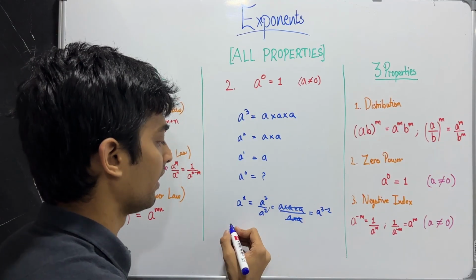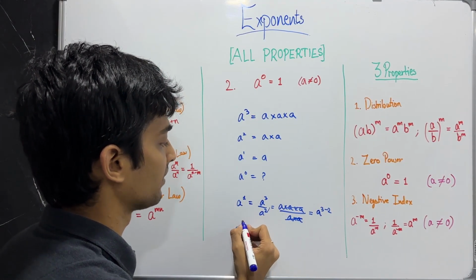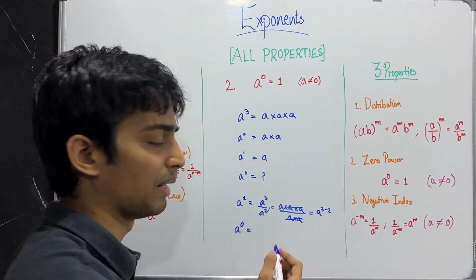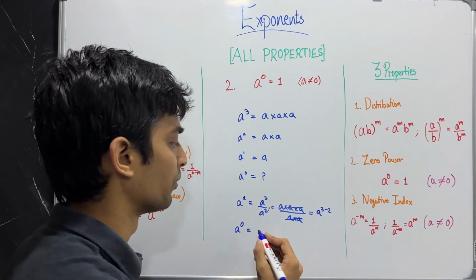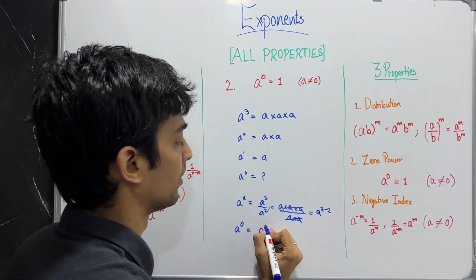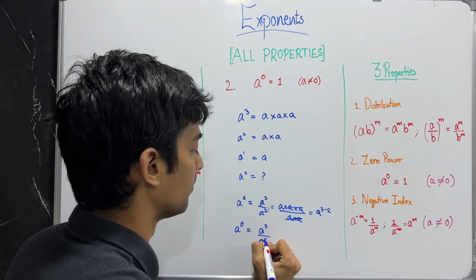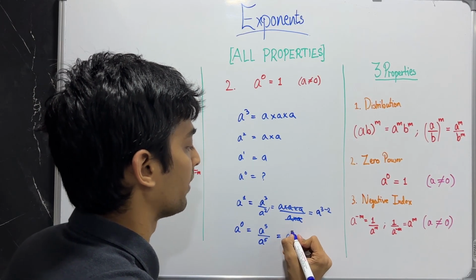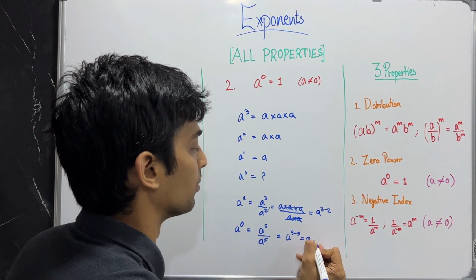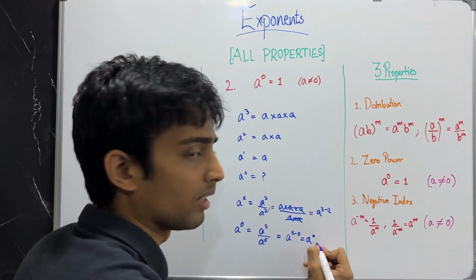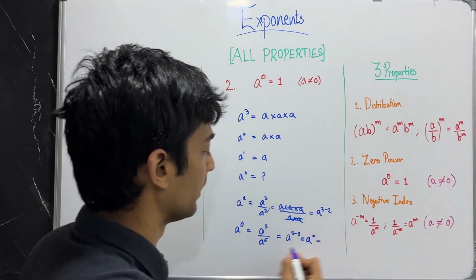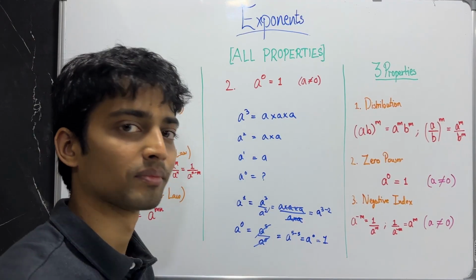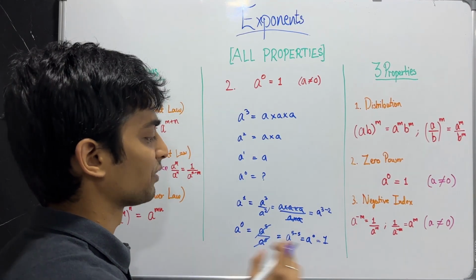Now let's try A raised to 0. We can write it as the same power in the numerator and denominator. So we can write A raised to, let's say, any number, 5 upon A raised to 5. This will become A raised to 5 minus 5, which is A raised to 0. Right? And also in another way, we can just cancel this and it will become 1. So that's why A raised to 0 is 1.